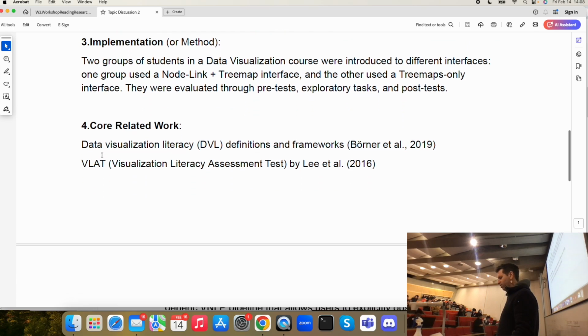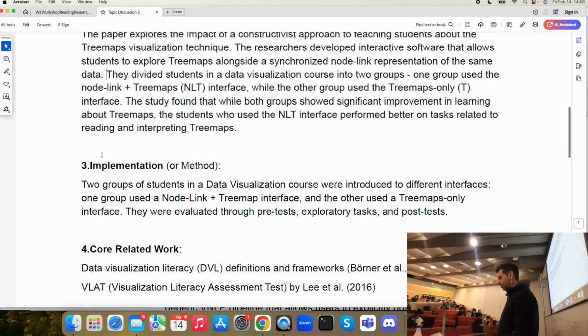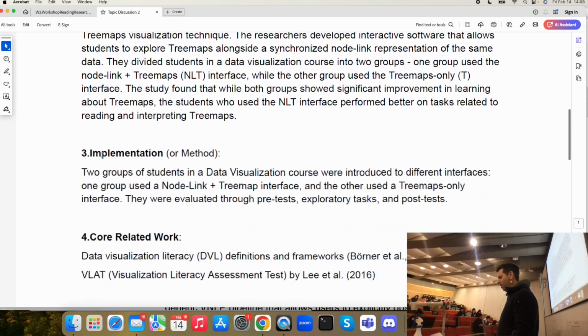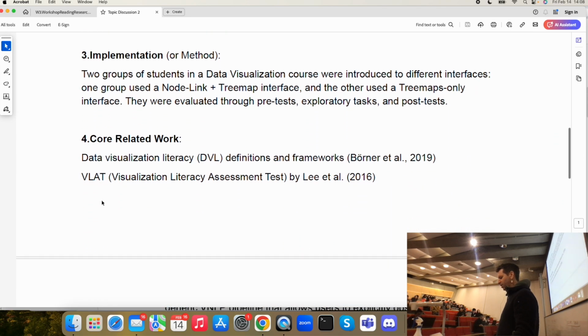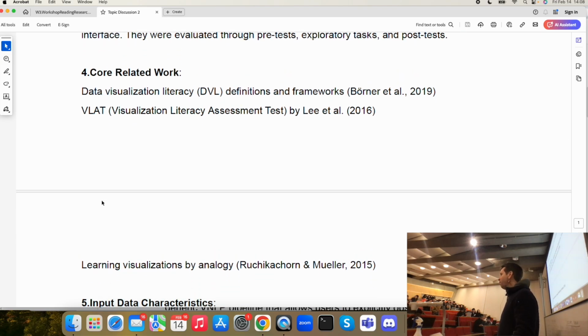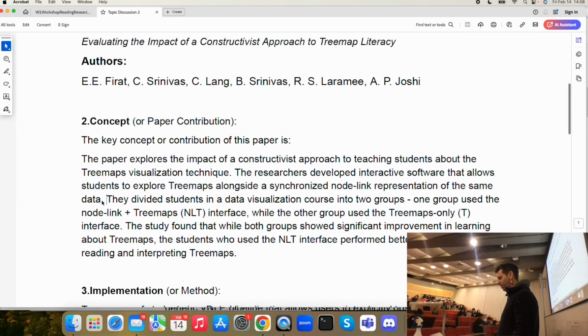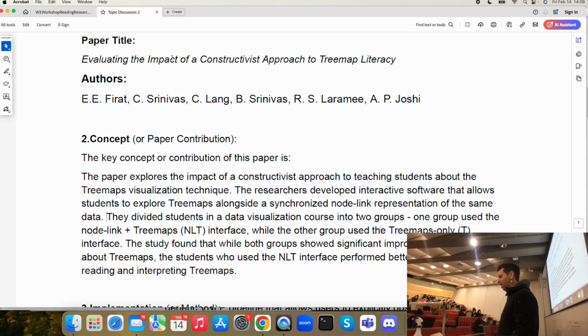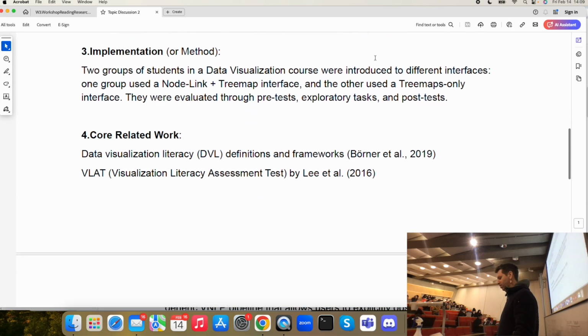Okay, for the core related work, this is not the core related work, actually. The core related work is another paper on tree map literacy by Elif Farhat. If you look carefully, there's another tree map paper on tree map literacy in the related work, and that is the core related work for this paper.